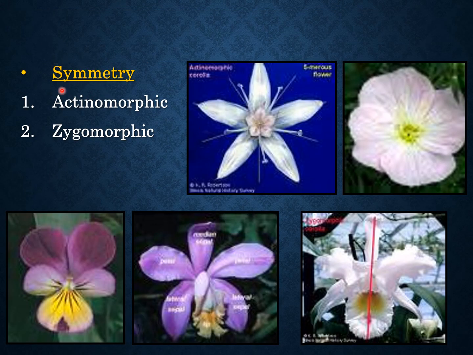Now let us discuss the symmetry of the flower. A flower is either radially symmetric, that is actinomorphic, or bilaterally symmetric, that is zygomorphic. An actinomorphic flower can be divided into equal halves in more than one vertical plane, while zygomorphic flowers can be divided into equal halves in only one vertical plane.